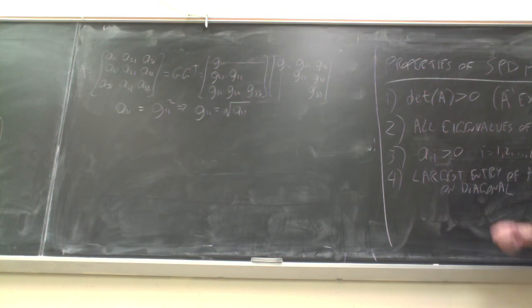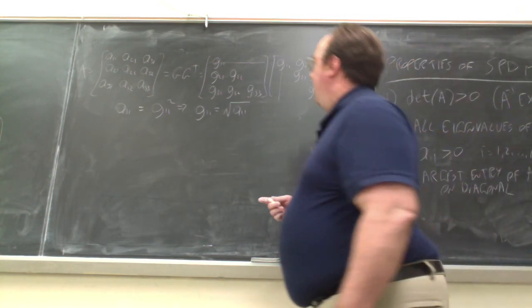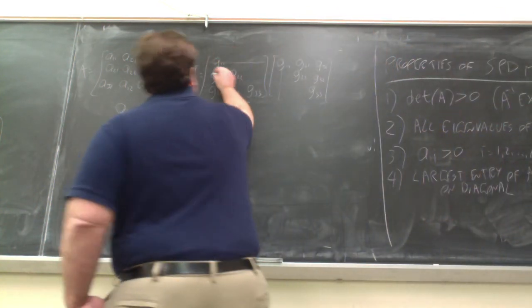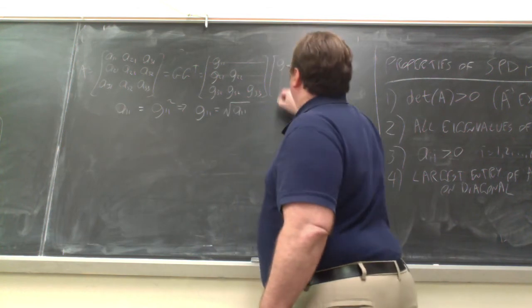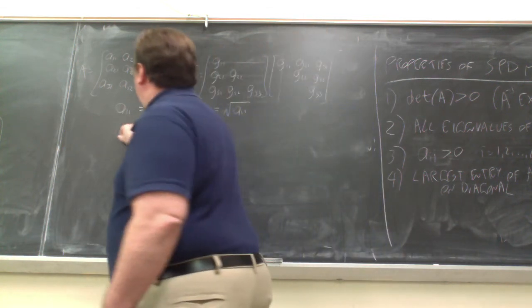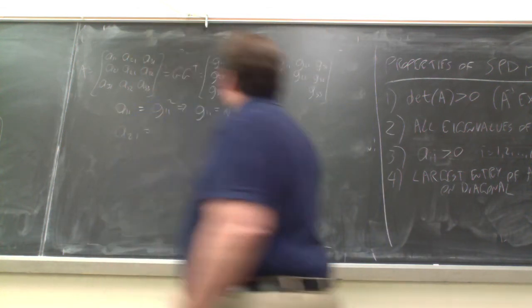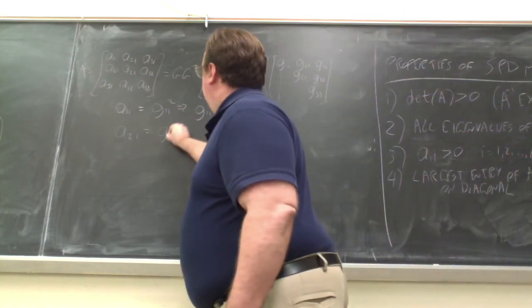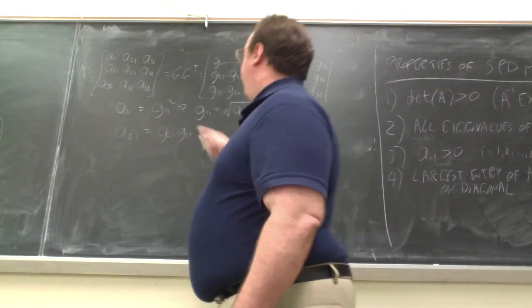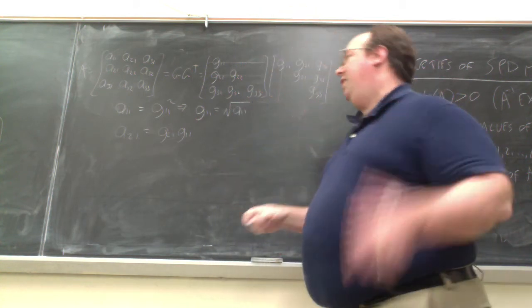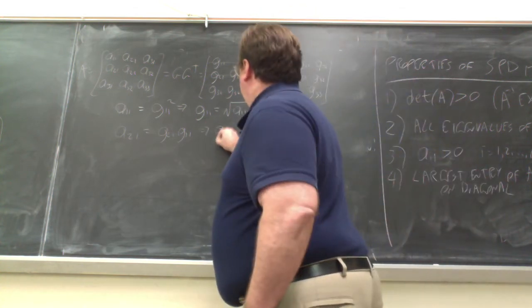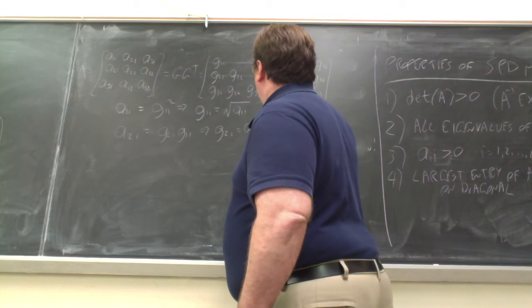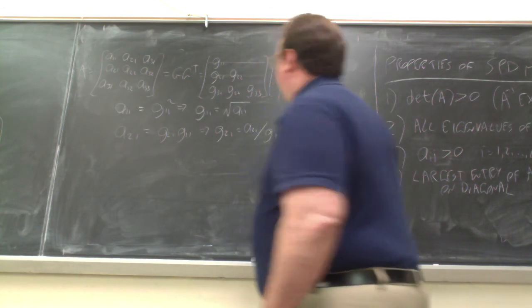Now let's look at the 2-1 entry. So I go across the first row, down the same first column. So A21, what would that be equal to? G21 times G11. Yeah, and we know what G11 is, so we can get G21. So G21 is equal to A21 over G11.